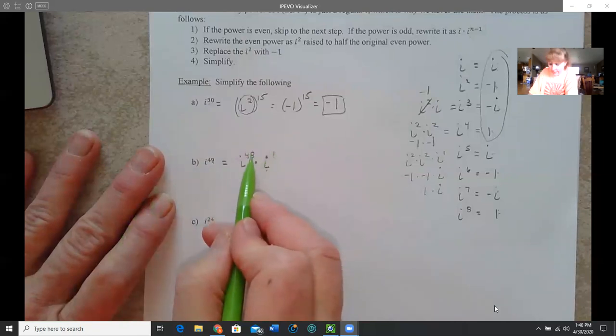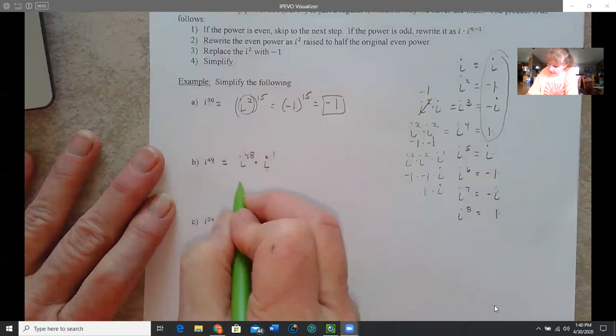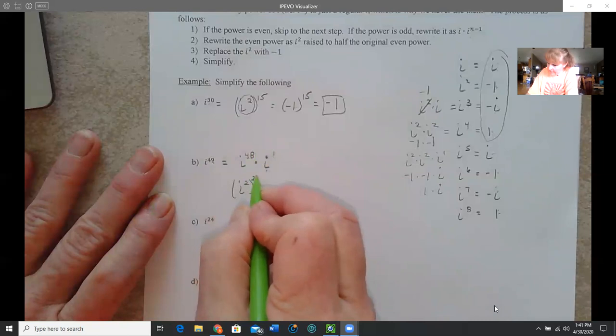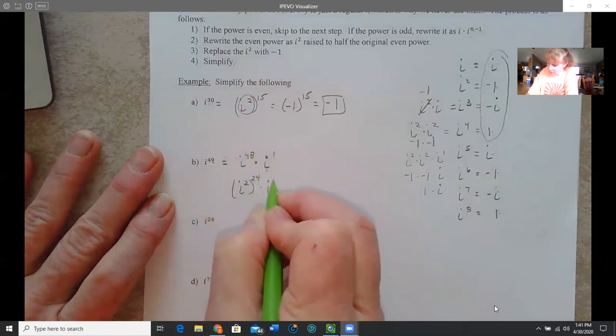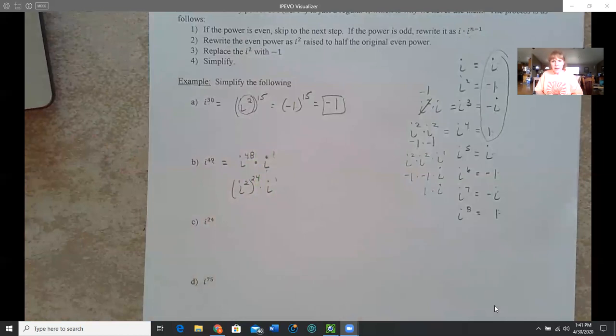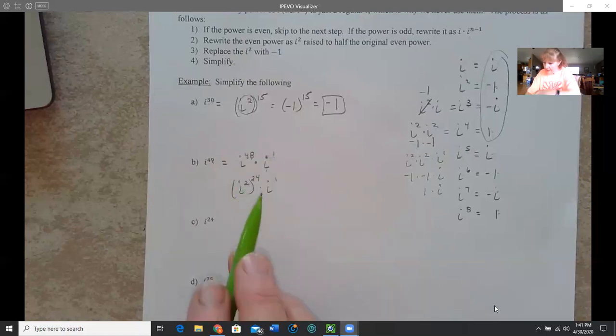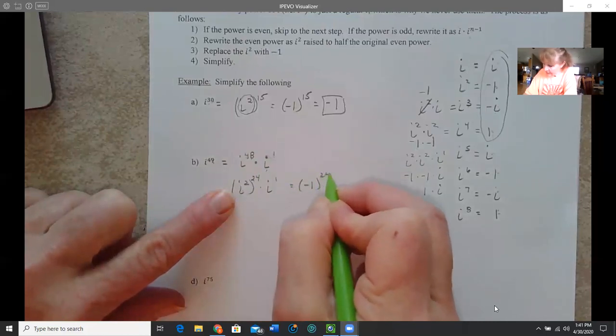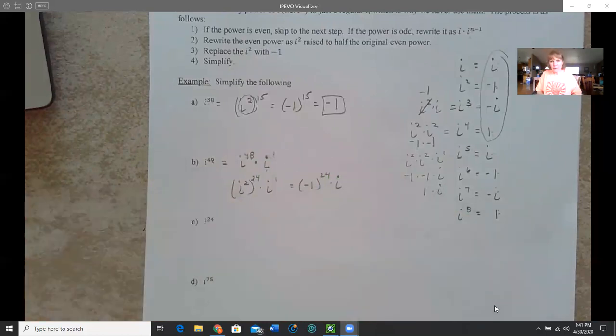Divide this by 2. So 48, i squared, divide that by 2, and you get 24. And there's the 1 you took out from the 49. You're trying to make it even so that you can divide it by 2. If it's odd, just bring one of them and set it over here. Now, -1 to the 24th. i squared is a -1.